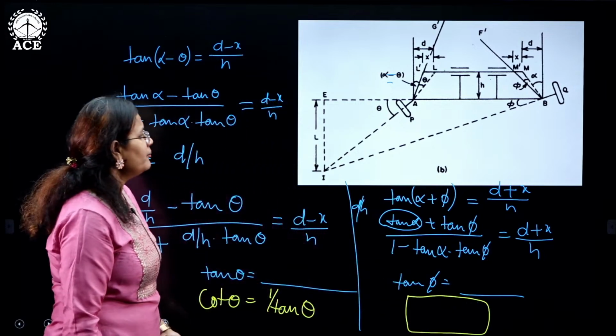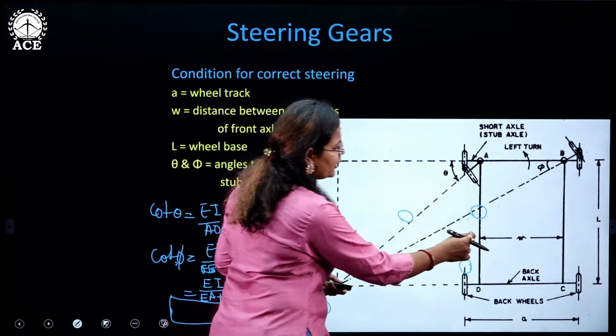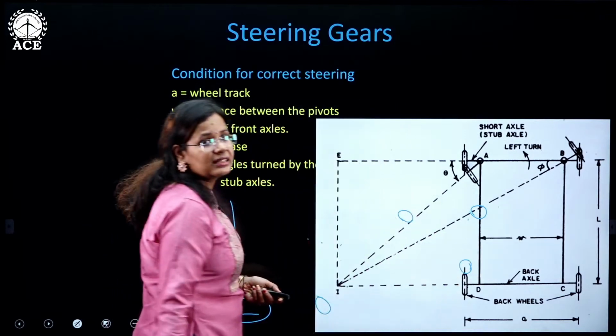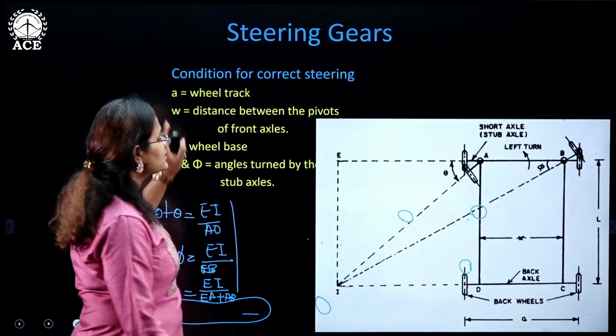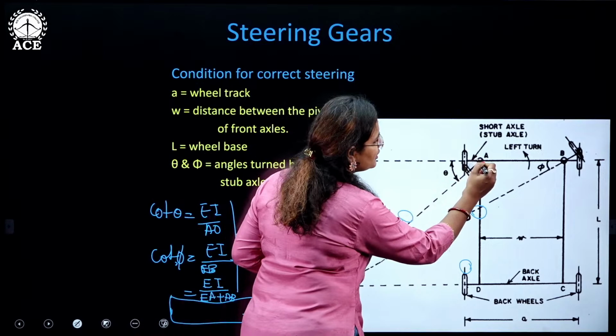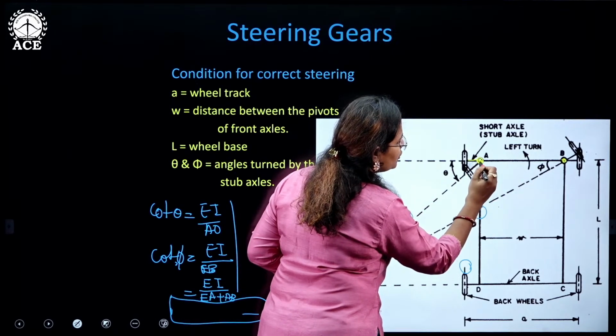What is W here? W is the distance between the two pivots. Sorry, W is the distance between this pivot and this pivot. Pivot is nothing but the joining point of this link and this link.